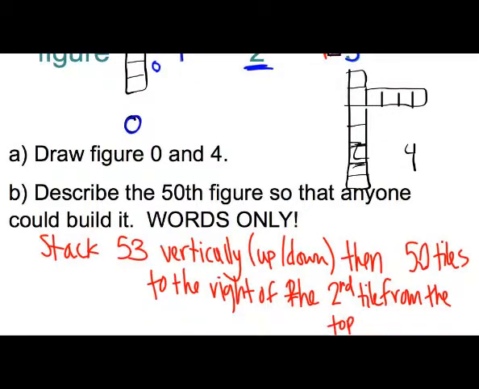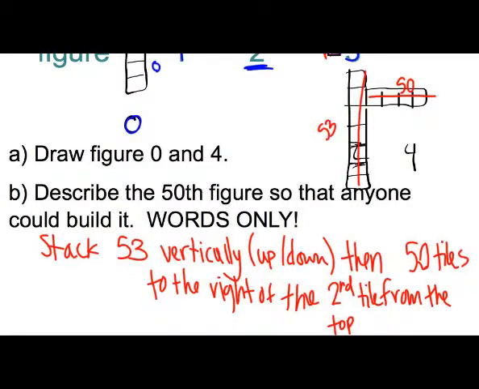Okay, so that's what I'm going to describe, and hopefully that helps people. So they'd stack 53 vertically up and down, and then they'd have 50 tiles to the right of the second tile from the top. So looking up at figure 4, that's the 50 tiles here, and then this stack would be 53.